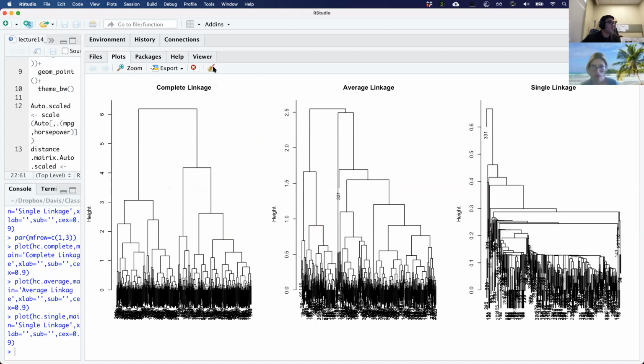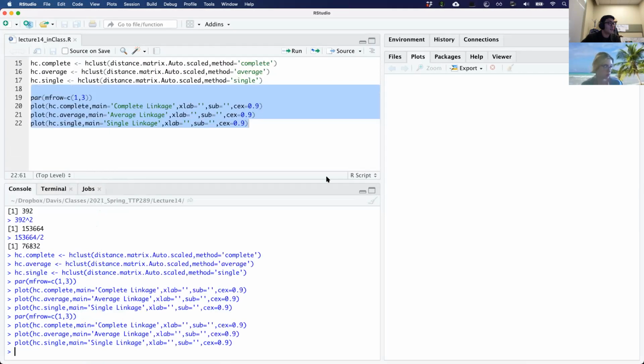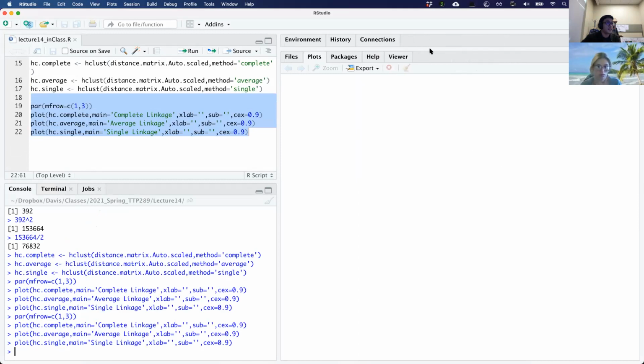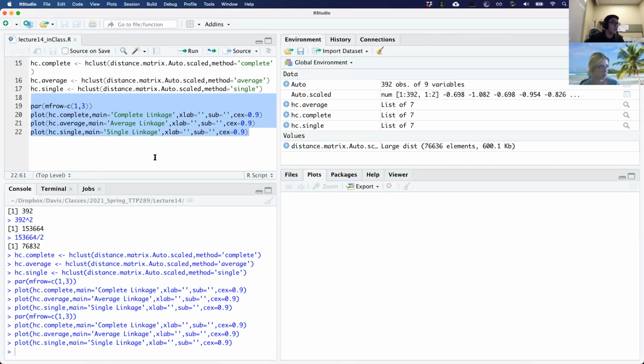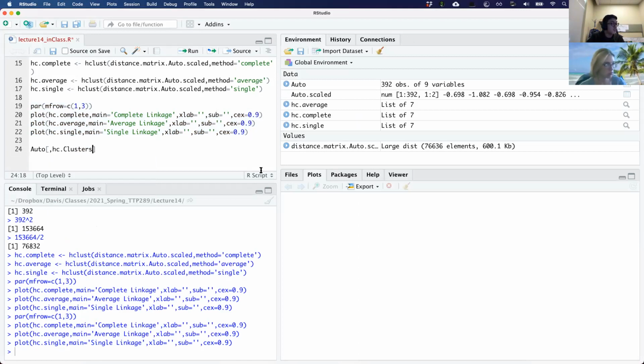Okay, so let me clear this away, and let's go ahead and look at the assignments. I'm going to go back into the original data set, like what we did with the k-means clustering, and create a new column called hc.clusters.